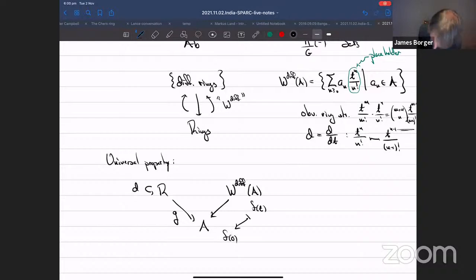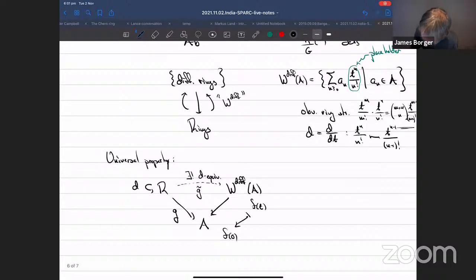And now I claim that there exists a unique lift, which I'll call G tilde, a unique lift which is D-equivariant. So it's a homomorphism of differential rings. And in fact, it's easy to say what it is.